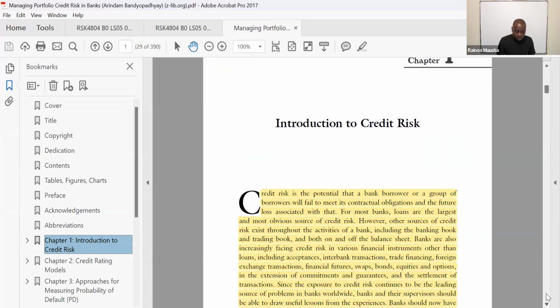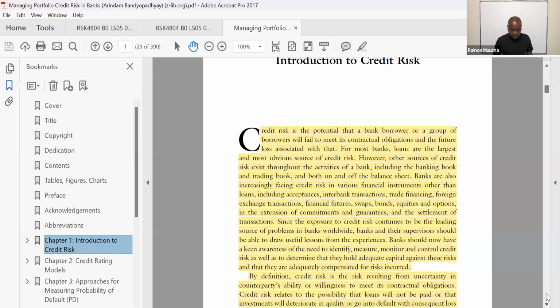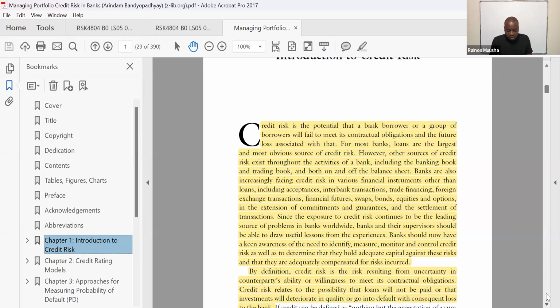Looking at chapter 1 of Bandyopadhyay, chapter 1 looks at introduction to credit risk. And here, the author says, credit risk is the potential that a bank borrower or a group of borrowers will fail to meet its contractual obligations and the future loss associated with that.